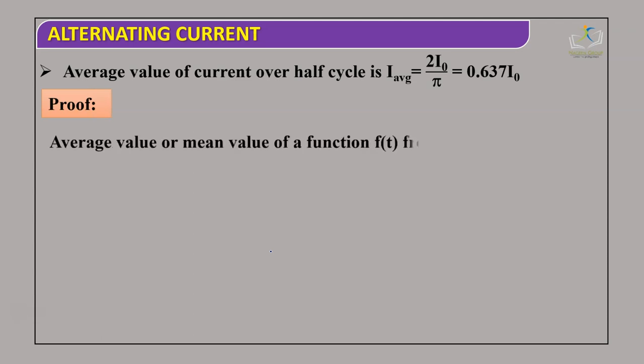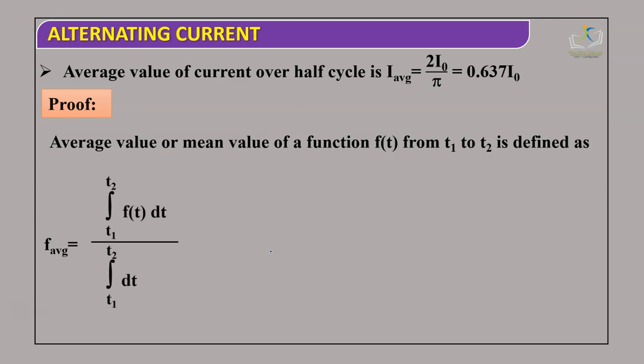We have a proof also. The average or mean value of a function of time t from t1 to t2 is defined as f average equals the integration from t1 to t2 of f t dt, divided by t2 minus t1.